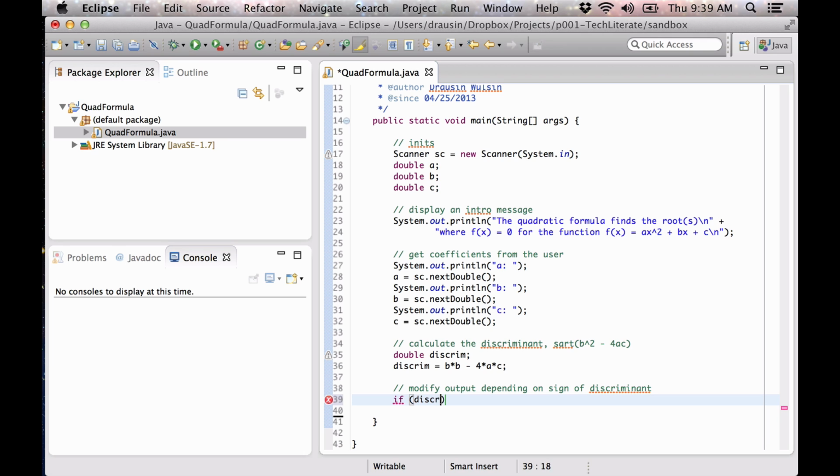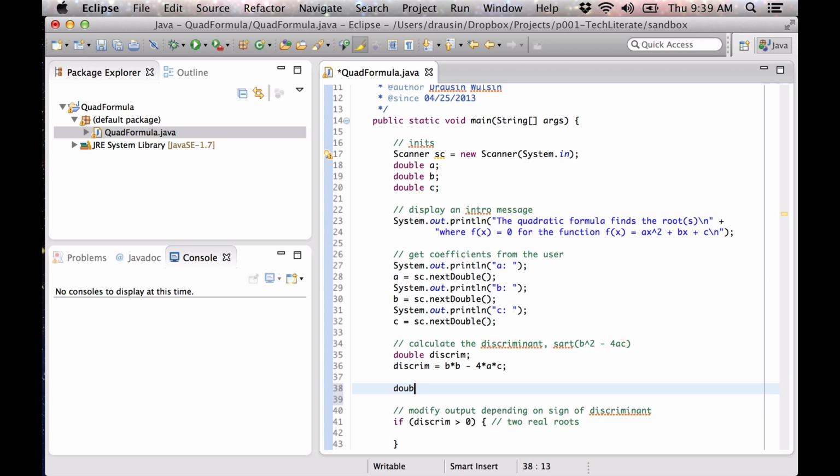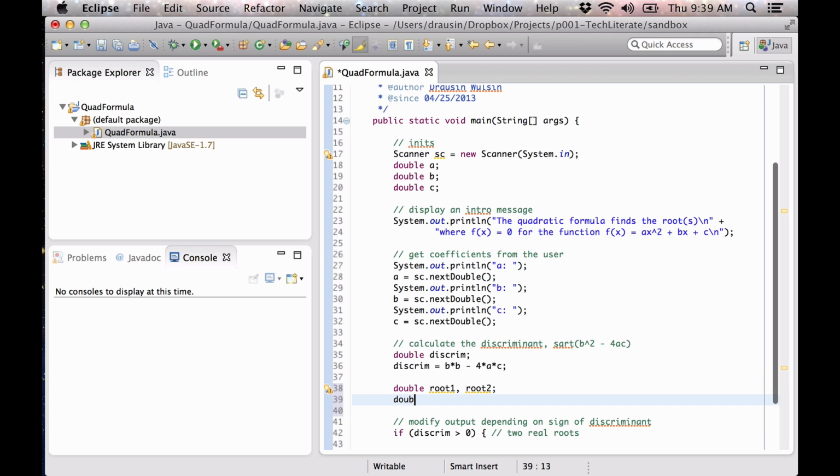If the discriminant, discrim, is greater than 0, then we should have 2 real roots. Okay? And so let's actually go up and make some variables here. Double root1, root2, and we'll also make something called imag, which we'll use later.